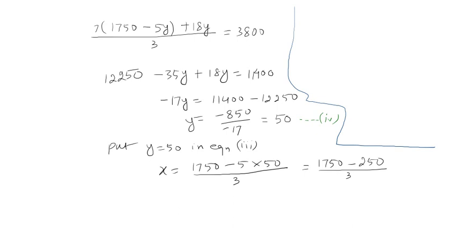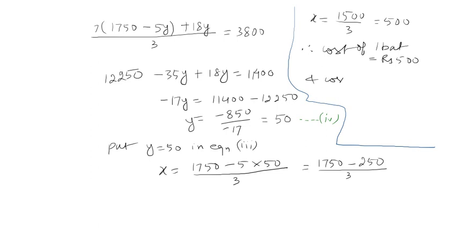So now x is equal to 1500 upon 3, which comes out to be 500. Therefore, cost of one bat is rupees 500 and cost of one ball is rupees 50. So this is our answer.